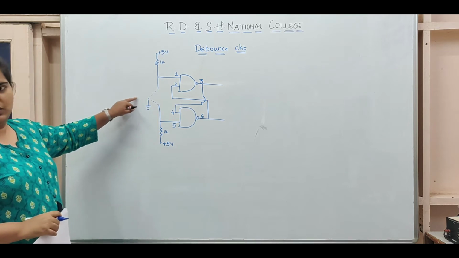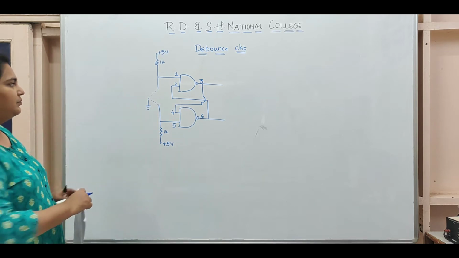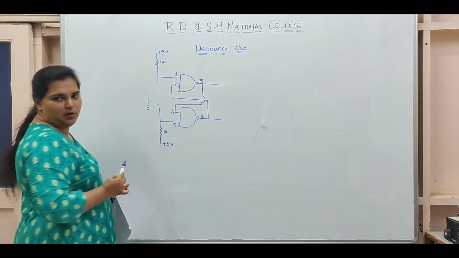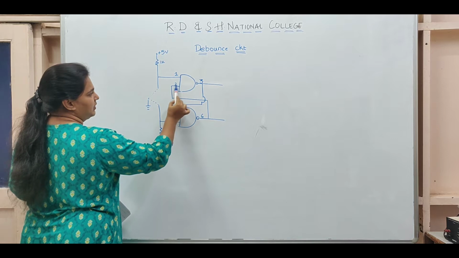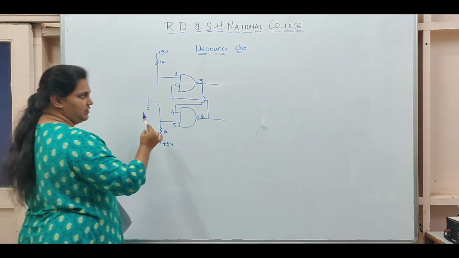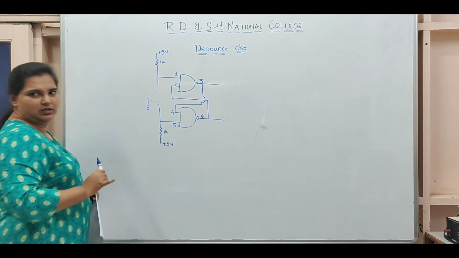Now understanding the working here: initially both of these two inputs are 1. Depending on the output value of these in the previous state, the NAND gate works accordingly.